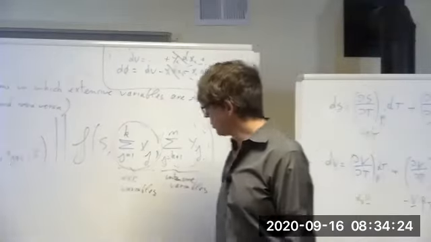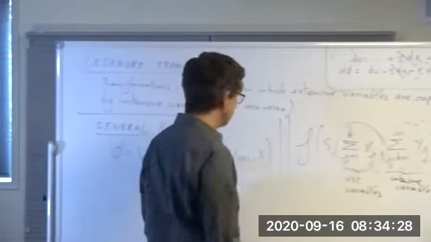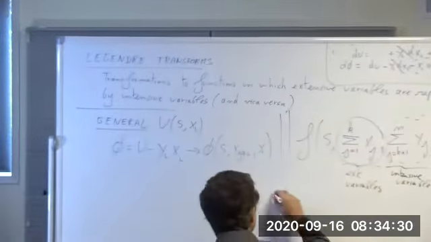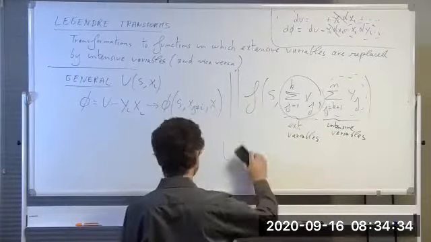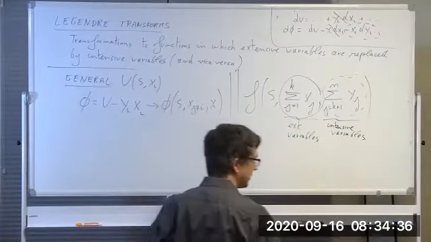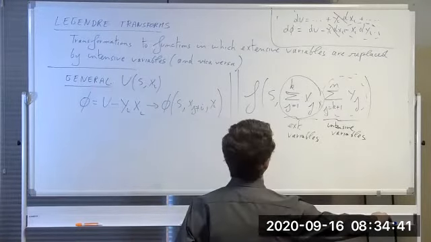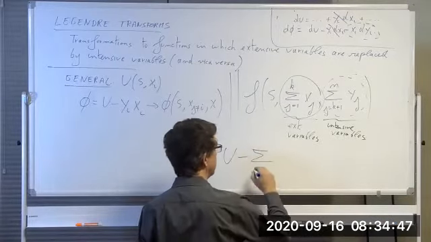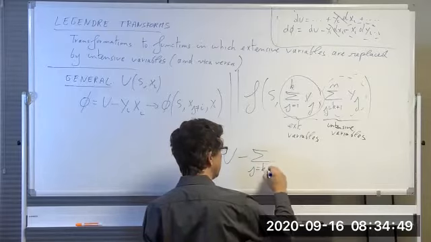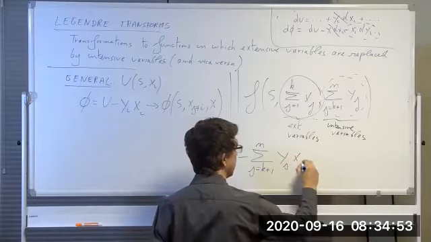Because how will my potential look? My potential will be U. My guess is pink's not a good color too, right? I love colors. Okay. The Legendre transform will be U minus the sum over j from k plus 1 to n of yj xj, right?